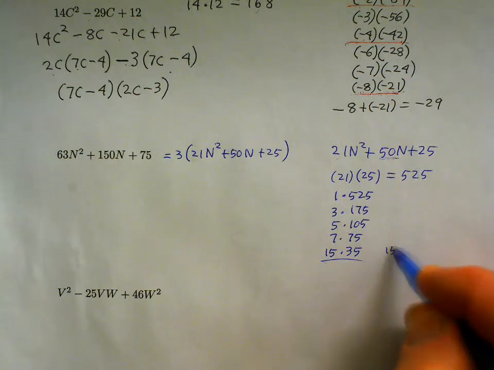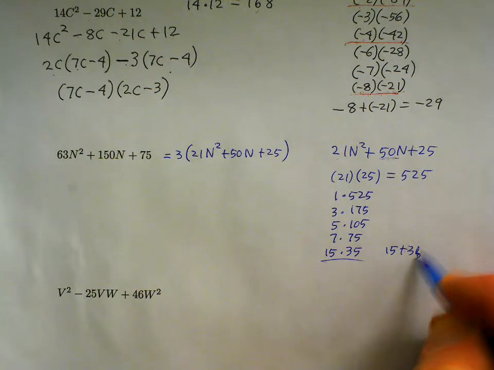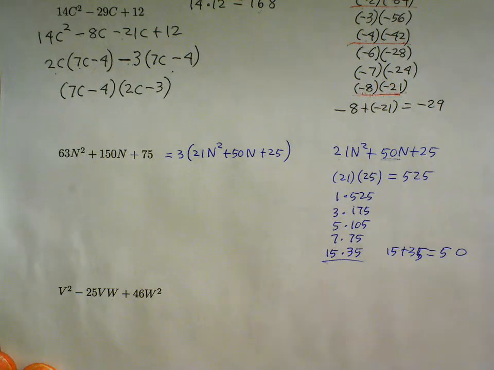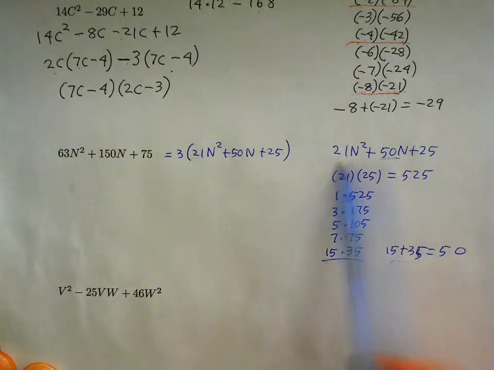And 15 plus 35 is 50. So this guarantees that we can factor this trinomial.